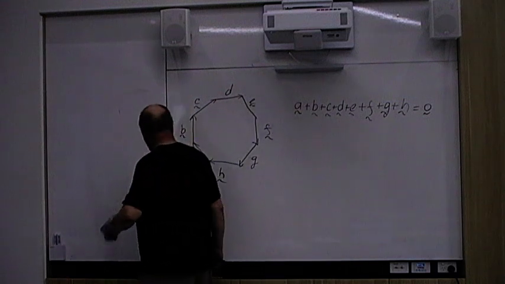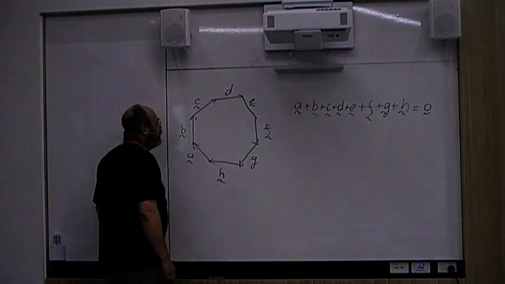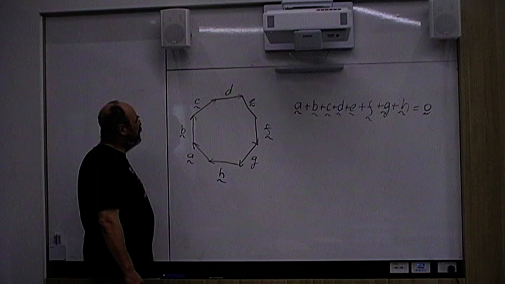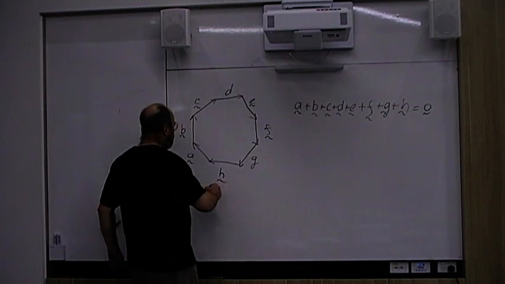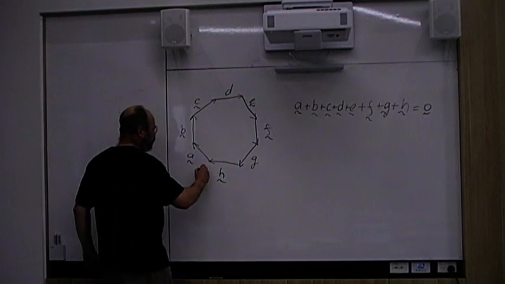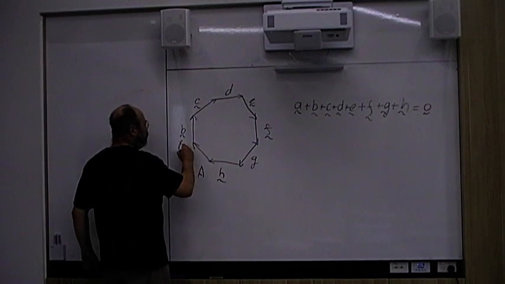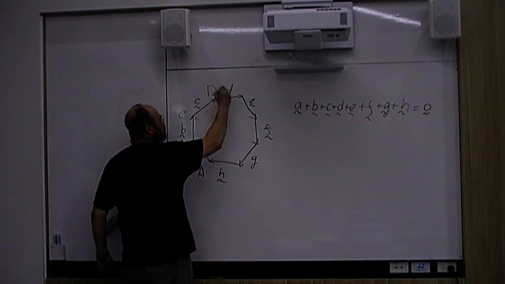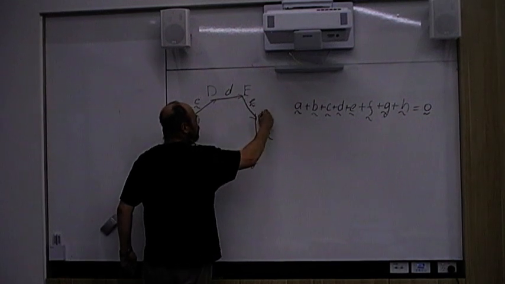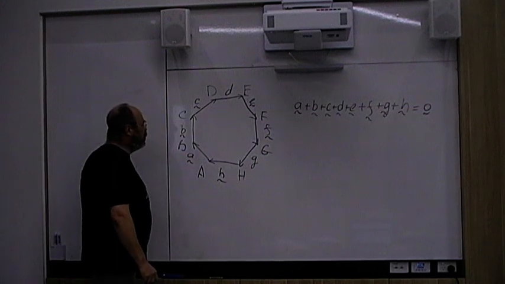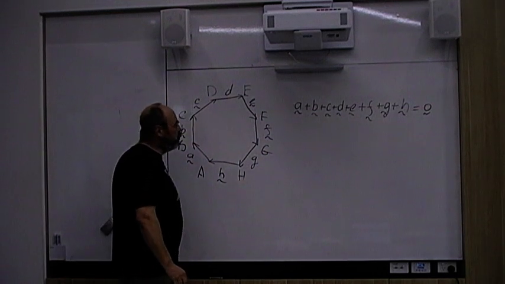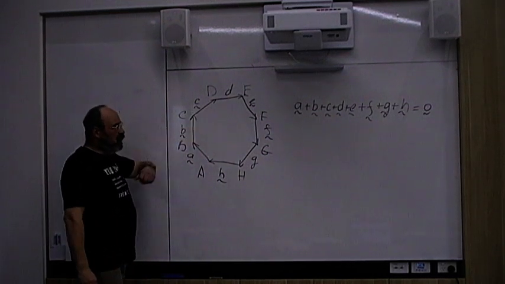Now, can we put letters also? A, B, C, D, E, F, G, H. What will be vector AD equal in terms of A, B, C, D, and so on?